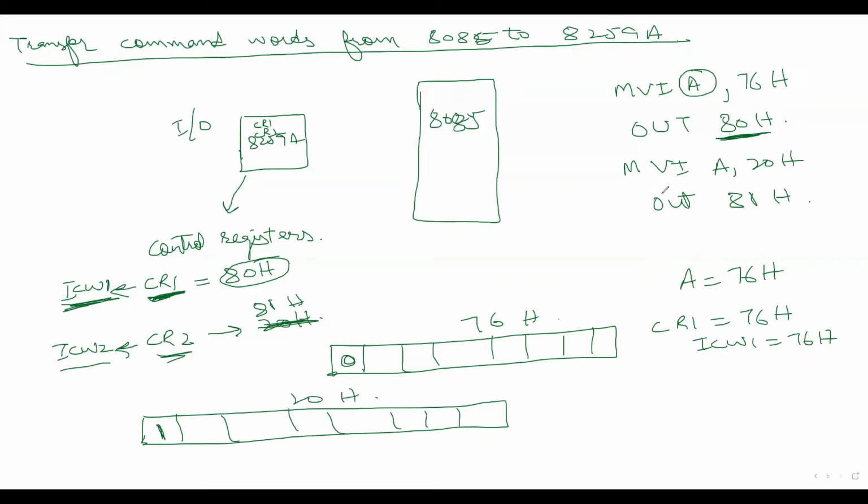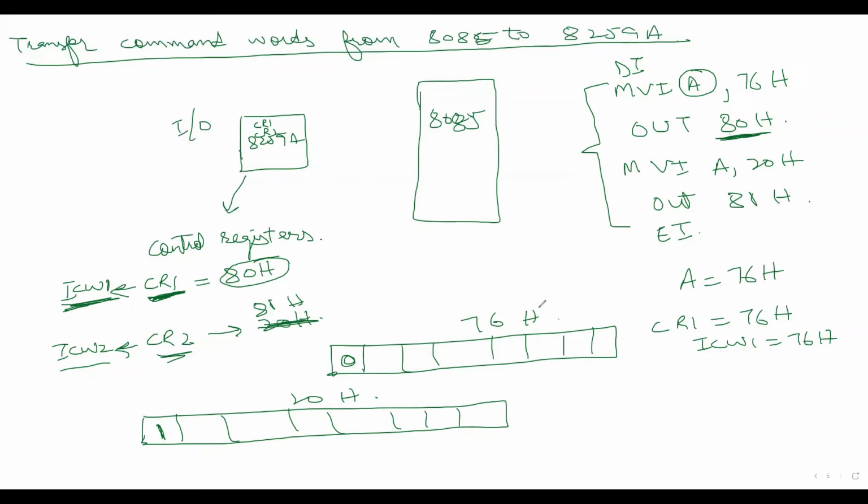This is how we initialize 8259A using these instructions. But before using them, you have to disable interrupts, because during initialization the process should not be interrupted by anyone. After that, you can enable interrupts and use 8259A to receive interrupts.